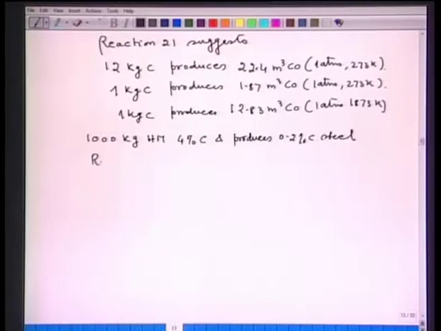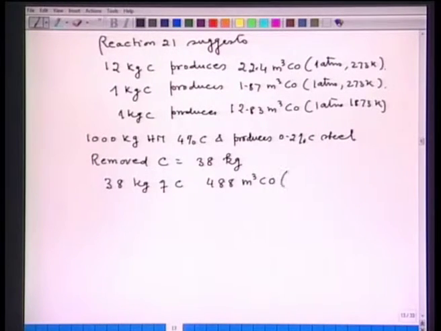Now, this 38 kg of removed carbon will produce 488 meter cube of carbon monoxide when calculated at 1 atmosphere and 1873 Kelvin. And my dear friend, this is per ton of hot metal.